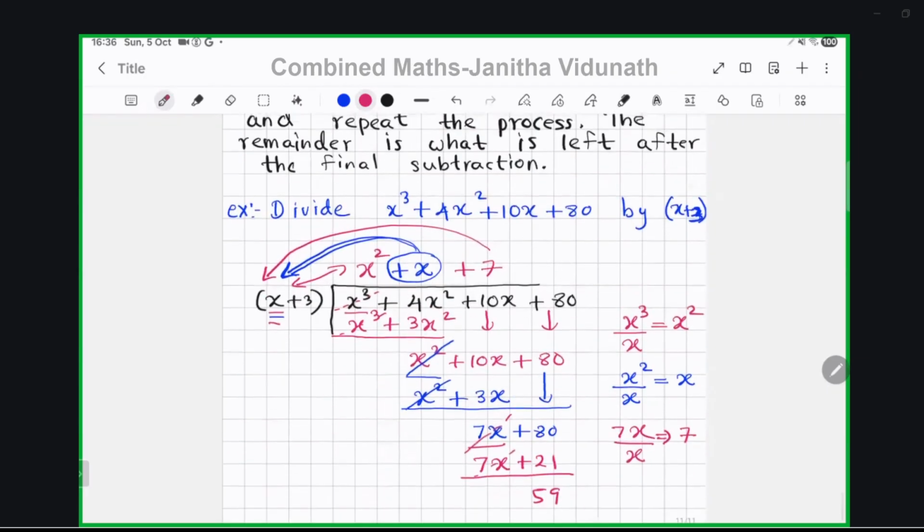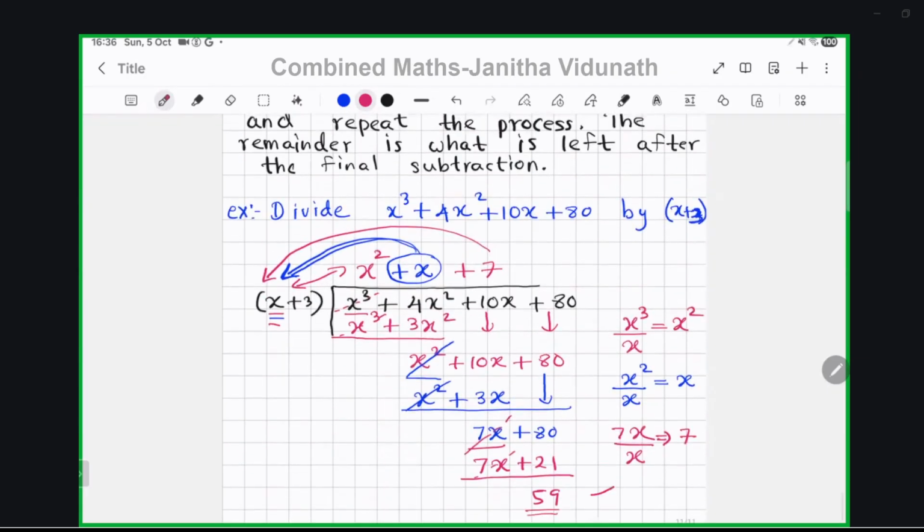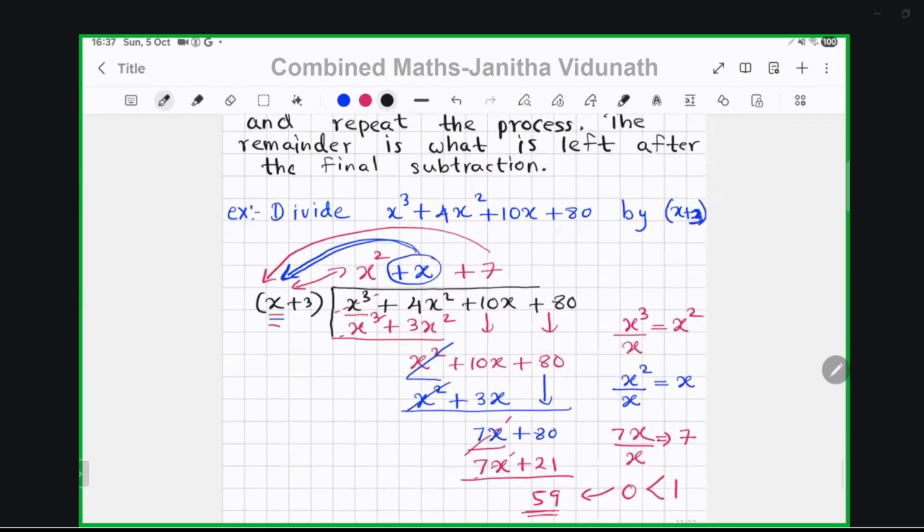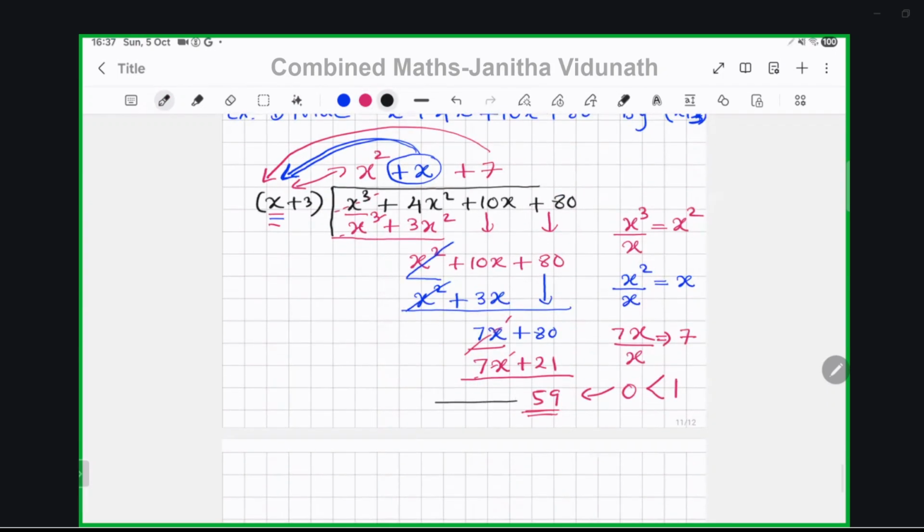Okay, now here 59, the polynomial 59, the degree is 0. But our divisor degree is 1. Here 0 is less than 1. Then we need to stop all the operations. Now this is the remainder.